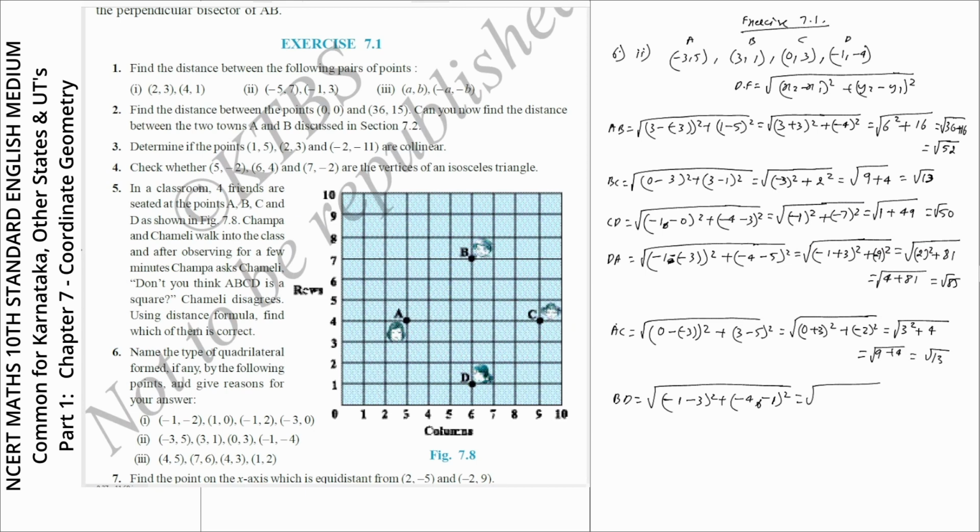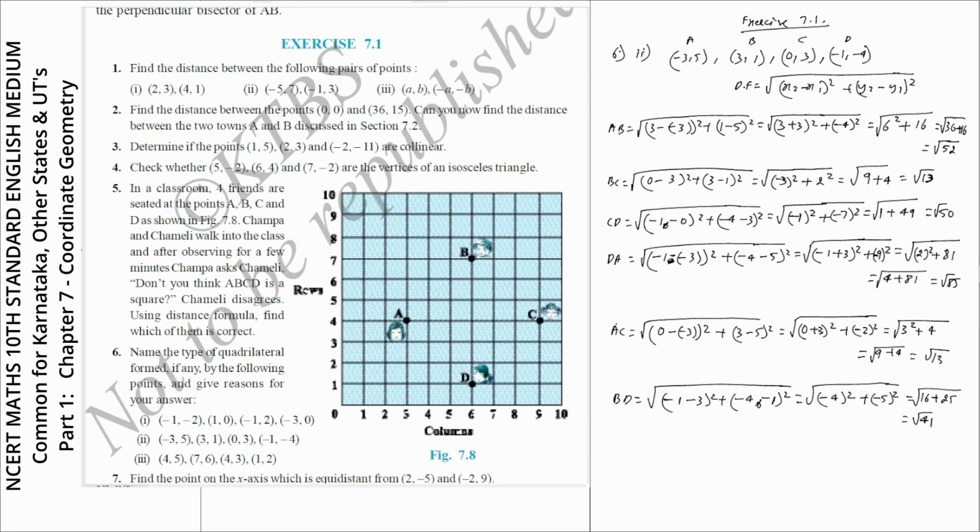So minus 1 minus 3 is minus 4 the whole square, plus minus 4 minus 1 is minus 5 the whole square. So minus 4 the whole square is 16, minus 4 into minus 4 is plus 16, plus minus 5 the whole square is minus 5 into minus 5 is plus 25. So 16 plus 25, 20, 30, 40, 41. I'll get square root of 41.